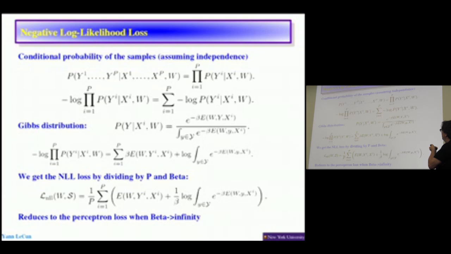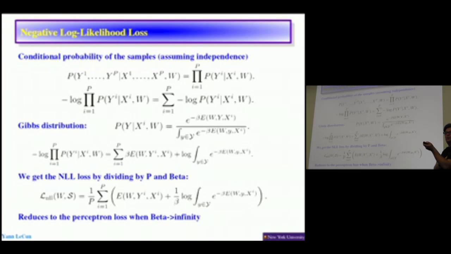Here what we want to do is express the conditional probability of all the y's in our training set, given all the x's in our training set and the parameters of the model. This is the joint probability of all the desired outputs that our model gives, given that it observes all the inputs.